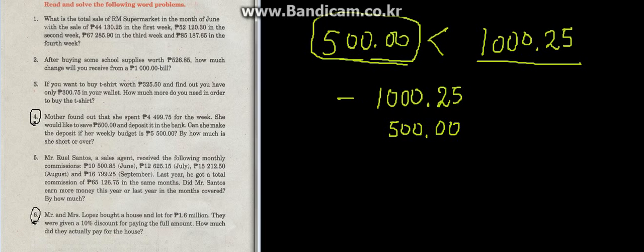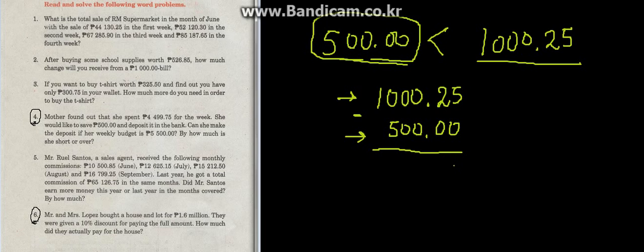So this is the money that she has right now and she wants to save this much. And we want to know how much money she will have after depositing in the bank. Then what we have to do is a subtraction, right? Because we want to find what she will have after depositing 500 in the bank.